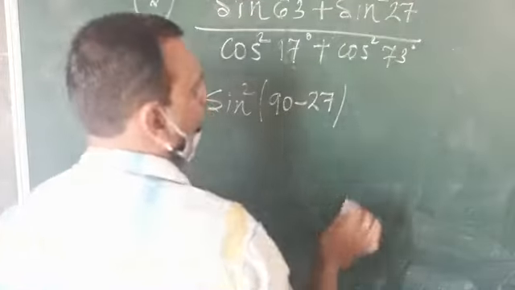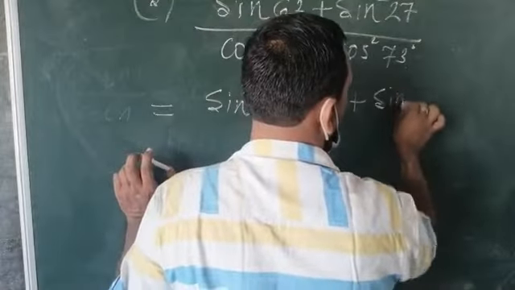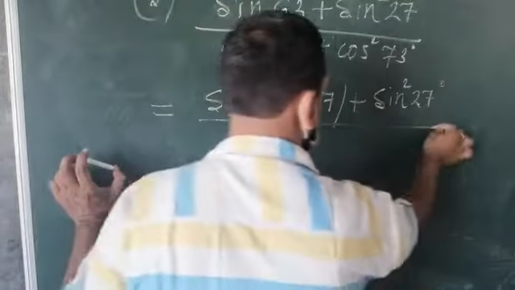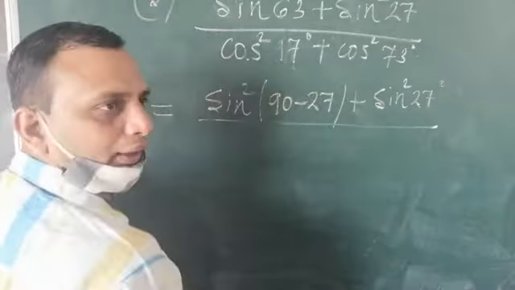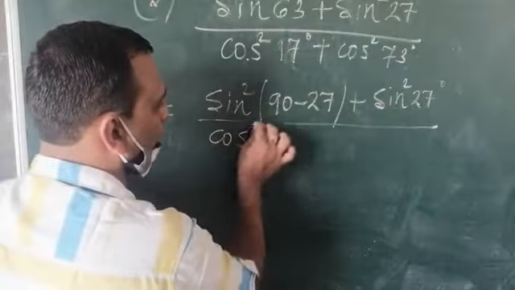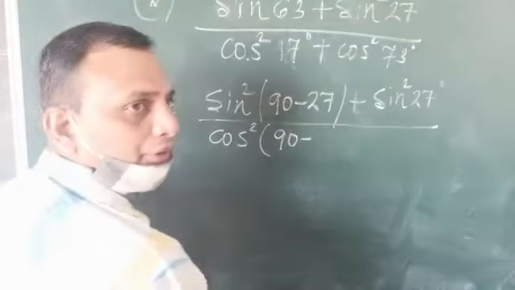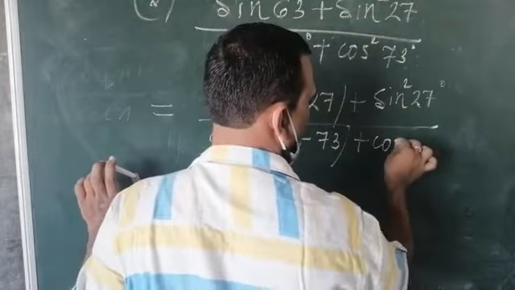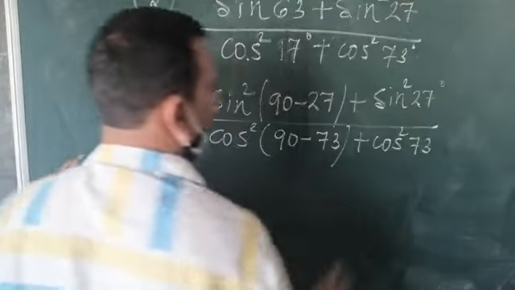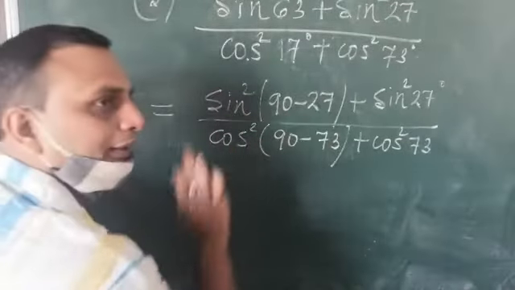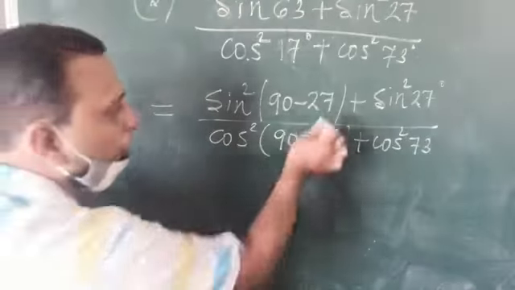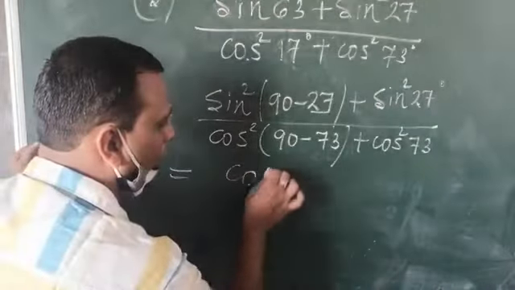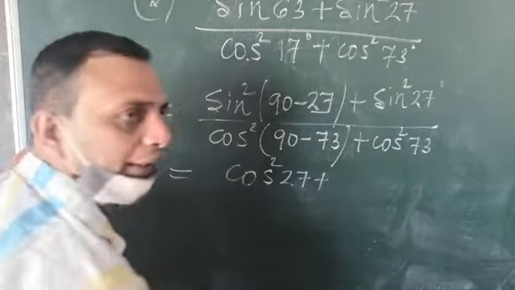Cos square 27 plus sin square 27 upon cos square 90 minus how much? 73. Here cos square 73. Now sin square 90 minus 27 will be equal to what? Because which angle are we going to separate here? 27. It will be equal to cos square 27 degree, right?